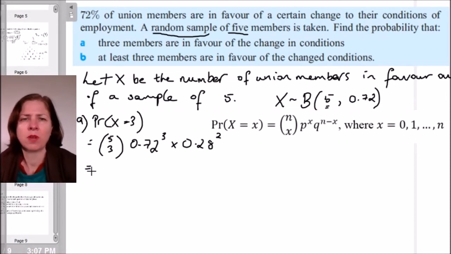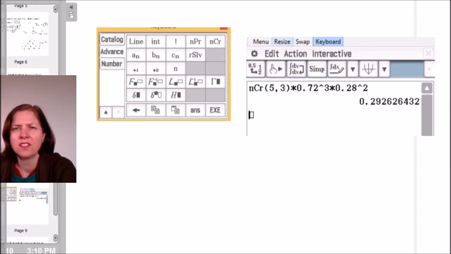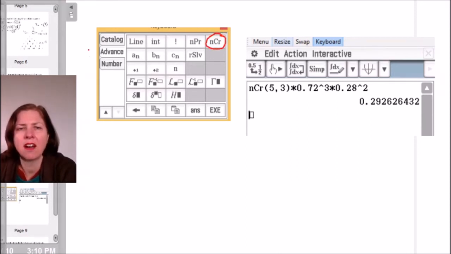So that's what I'm going to do. So here is what that looks like, and I wasn't sure if you would know where to find these in your CAS calculator. So there it is, and this is in our catalogue, and then you go down to advance when you want to get there. So I put that straight in, even though I could have gone straight to my Pascal's triangle to work out what that is.